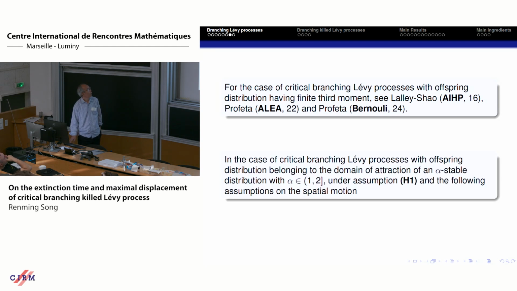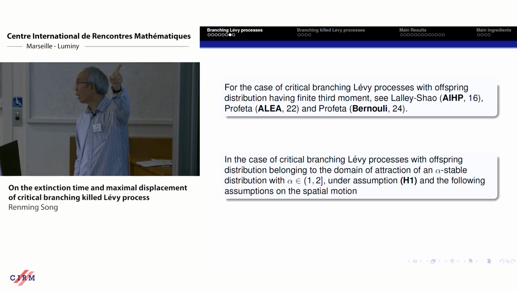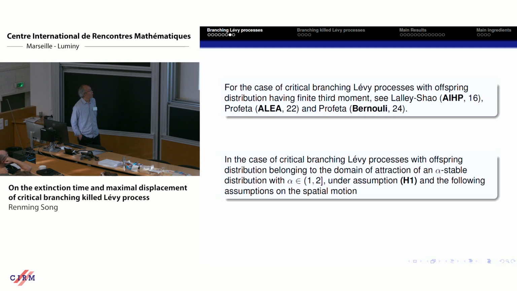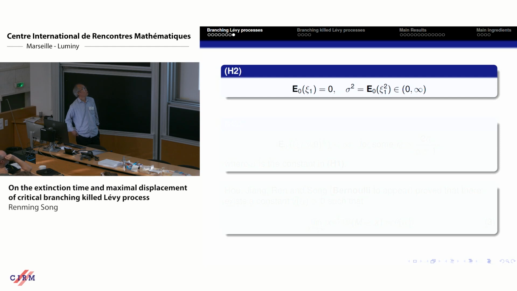In the case of critical branching Lévy process with offspring distribution belonging to the domain of attraction of an alpha-stable distribution, or more precisely under the assumption H1 as stated a little while ago, we also need some assumptions on the spatial motion. The first assumption is that the mean is 0 and it has finite second moment.